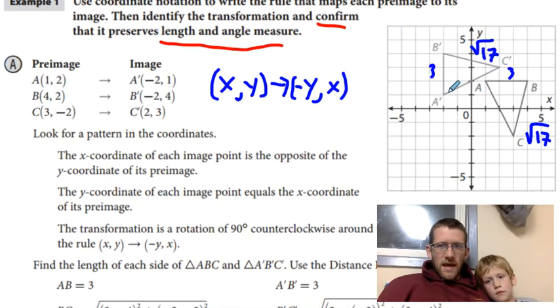And then finally, A prime to C prime, right? This one is over 1, 2, 3, 4. So 4 squared plus 2 squared. That's 16 plus 4 is the square root of 20. Same deal here. A to C is the square root of 20.